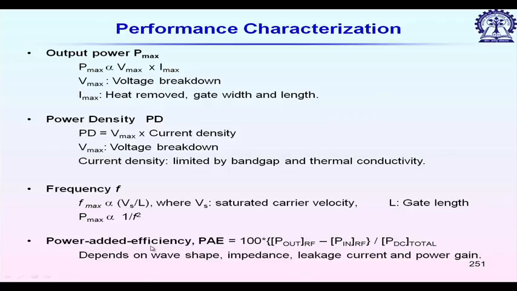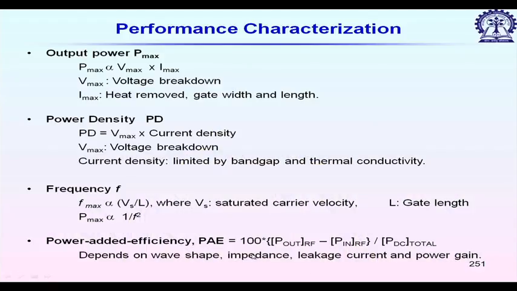Next is power added efficiency. Here, let us say any given solid state device we are using in amplifier applications. We will have RF input power and then the amplified RF output power, and to amplify the signal we have to supply some energy to the device, and this is done by a DC source.